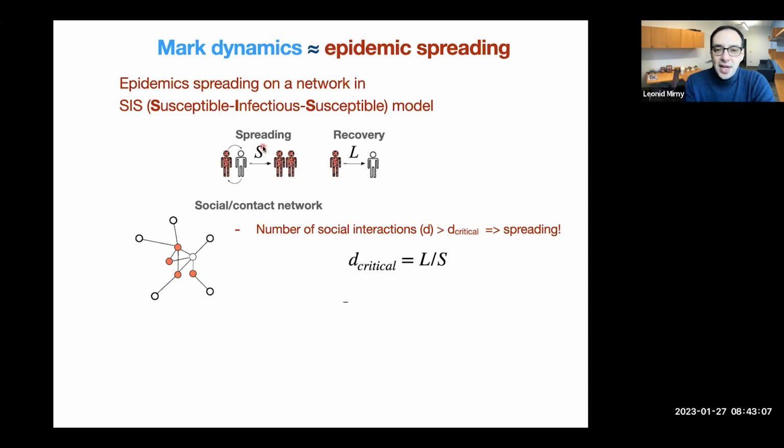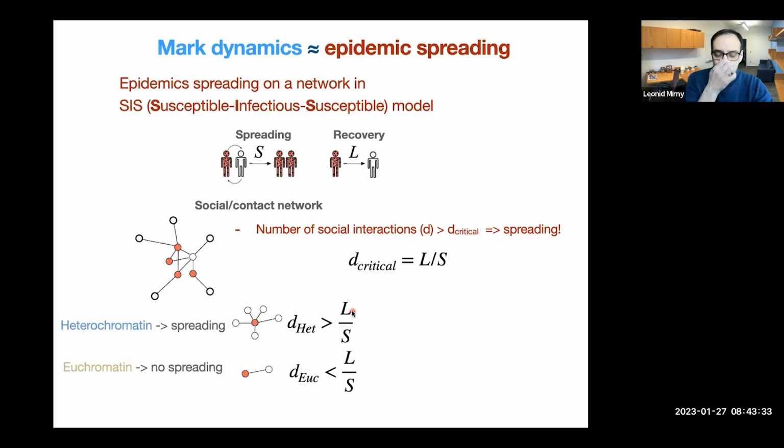In this model, the spreading of the mark, now being the disease state, is equivalent to the spreading of the disease, and the loss of the mark is equivalent to the recovery. And if you have a social network of social interactions that is similar to this network of spatial interactions between histones, then there is a critical value of the S over L parameter that is related to the number of social interactions.